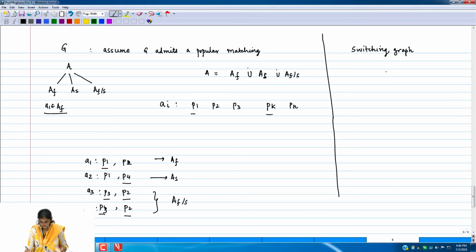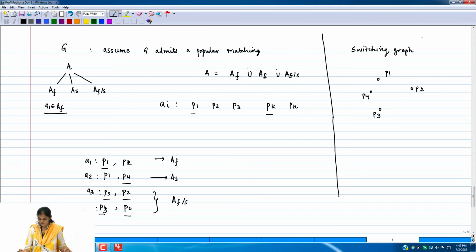We will show this by an example: P1, P2, P3 and P4. That's all. So we will have the vertices as the posts of the original graph, and this switching graph, as the name says, is going to allow us to switch from one popular matching to another popular matching.